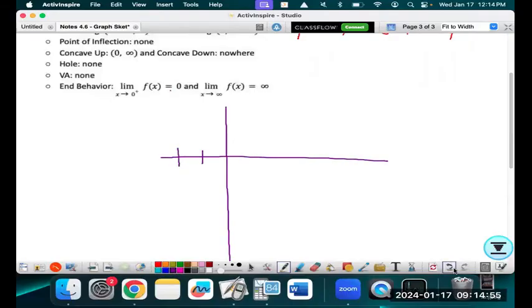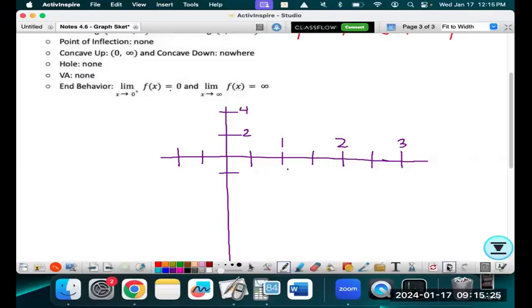By halves for my x-axis. So I'm going to label that 0.5. Or I'm not even going to label the 0.5. I'll label the 1, 2, and 3. Two, 4.